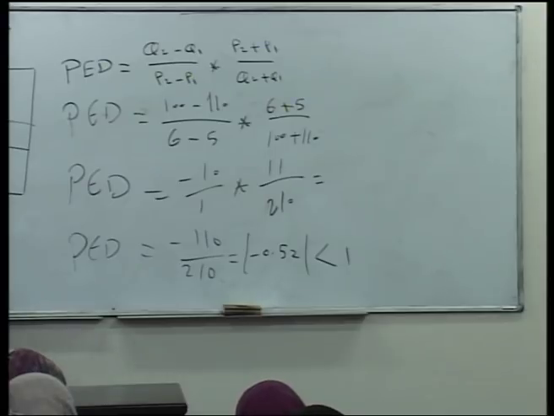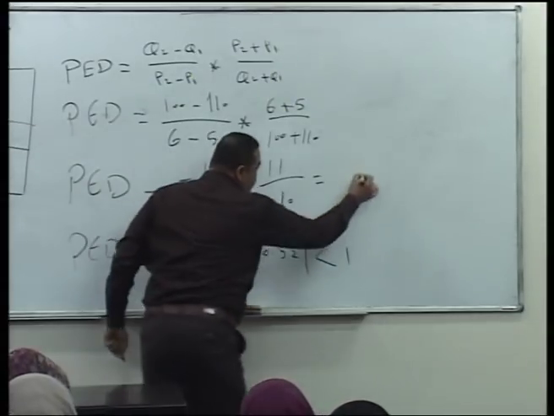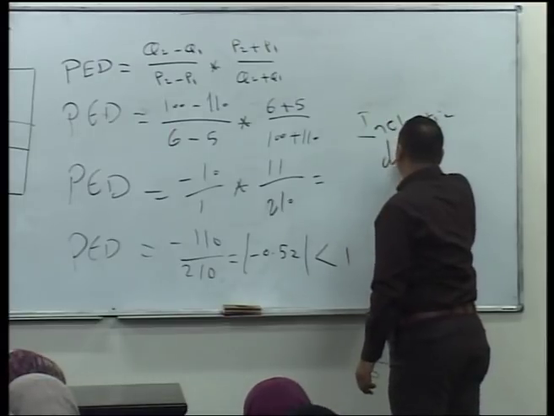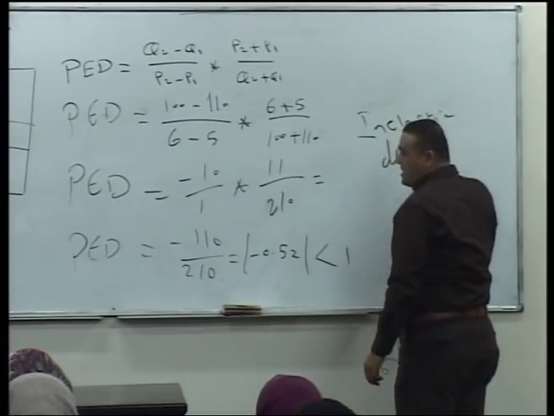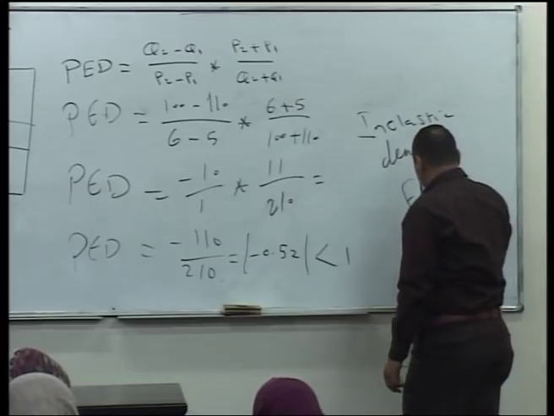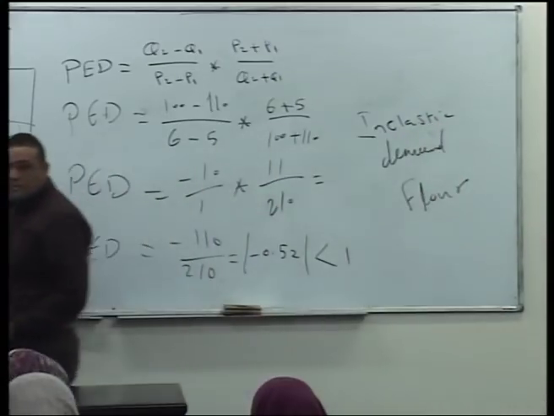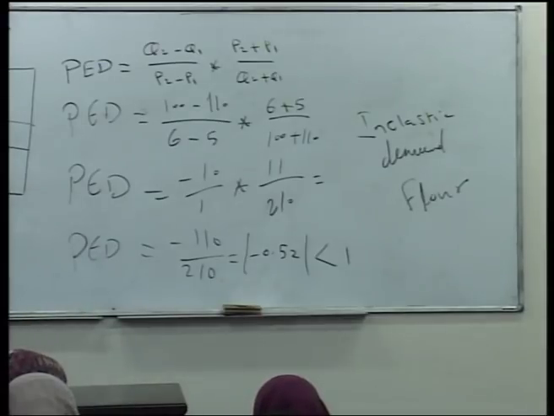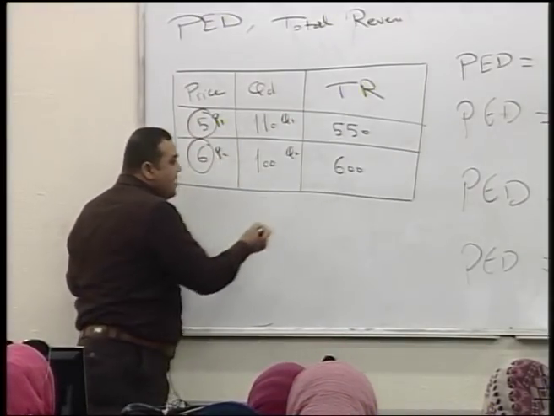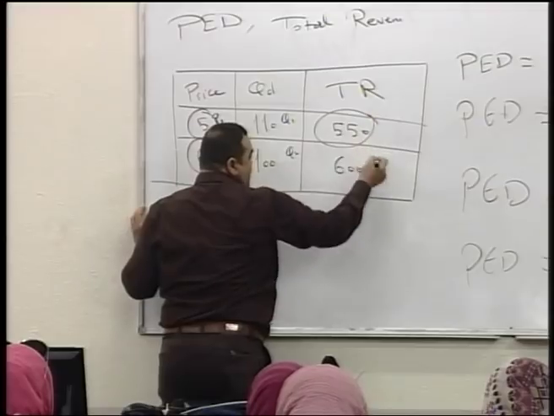The demand is inelastic, like the demand for flour, for example. Which means, as the price goes up from 5 to 6, the total revenue goes up.